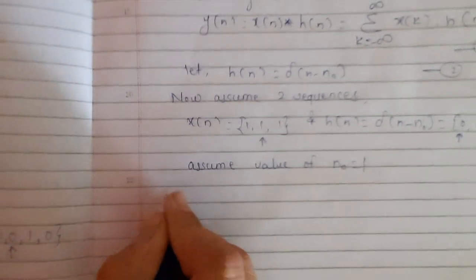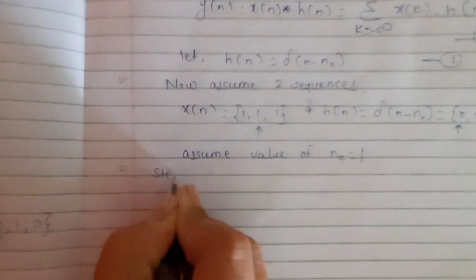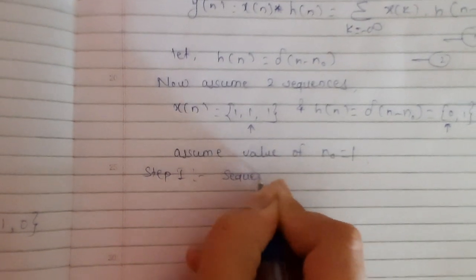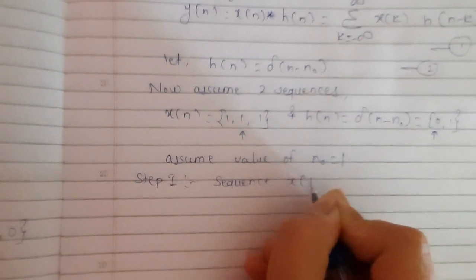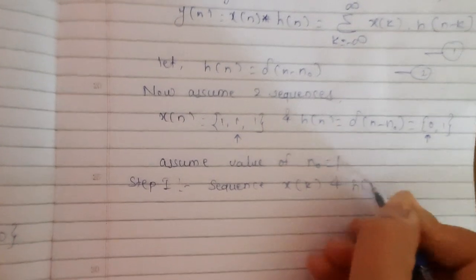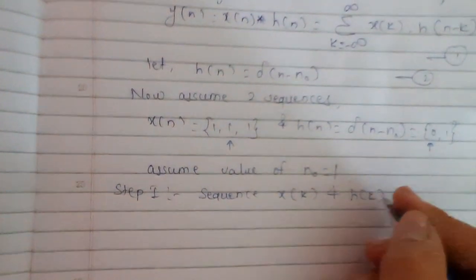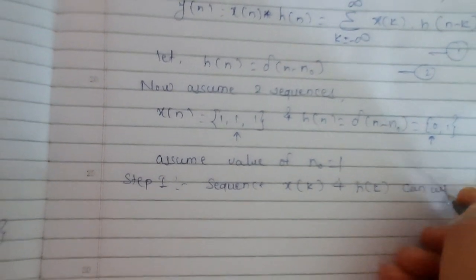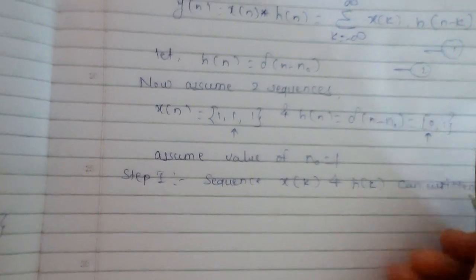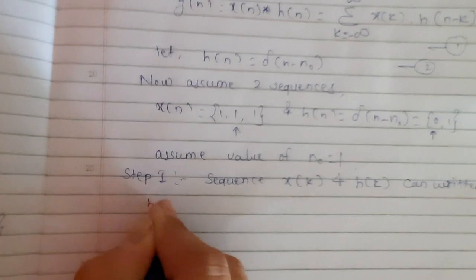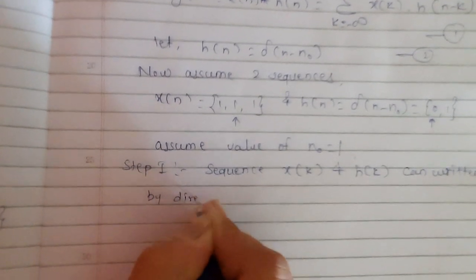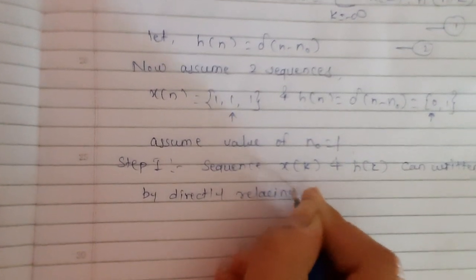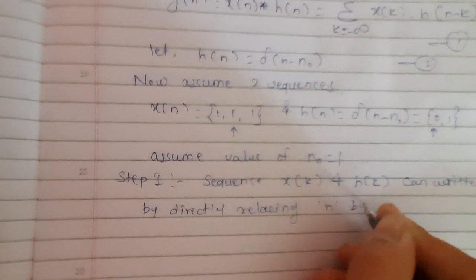Now step 1. Now what is step 1? Sequence x of k and h of k can be written directly by directly replacing n by k.